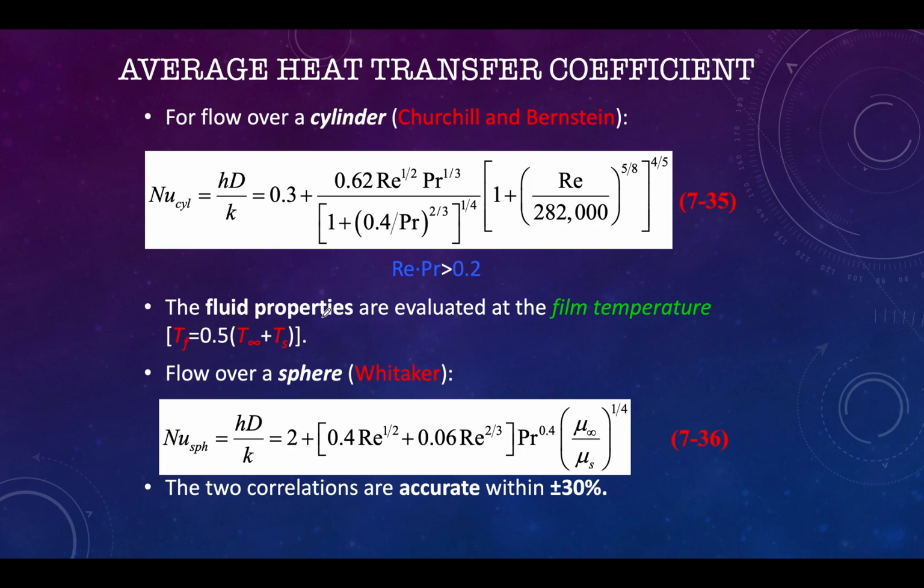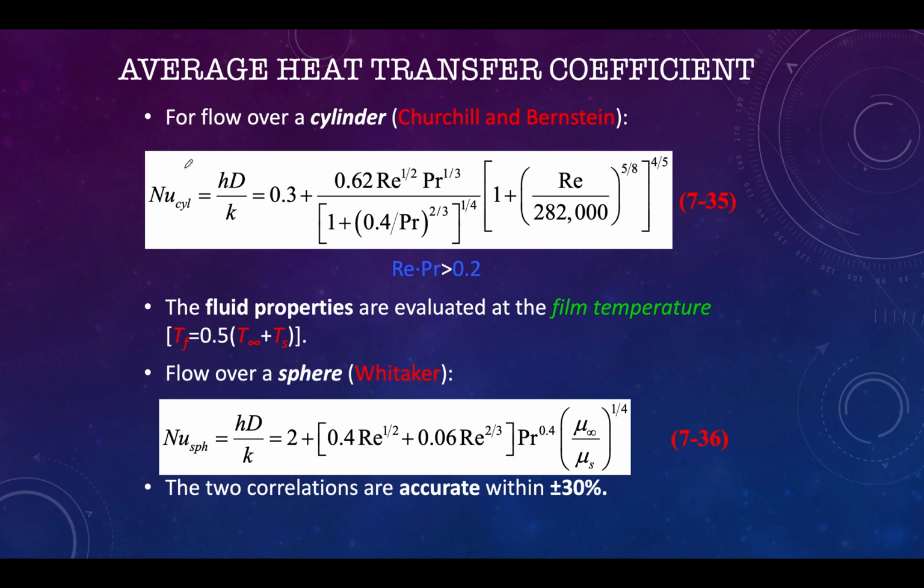But for this subject, we will use this equation for cylinder and sphere by Churchill and Bernstein and Whittaker. Churchill and Bernstein we will use for a cylinder, and flow over a sphere by Whittaker.